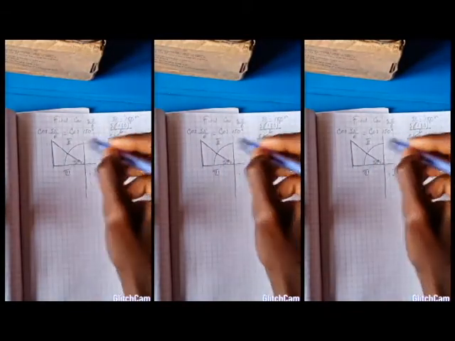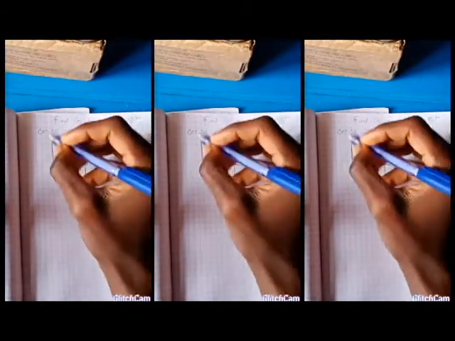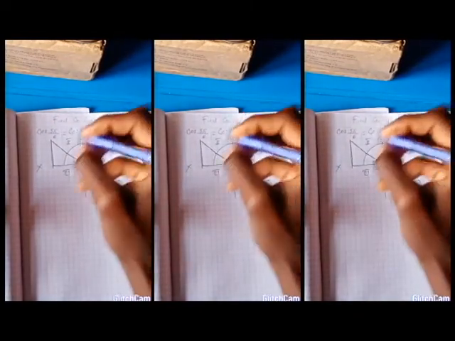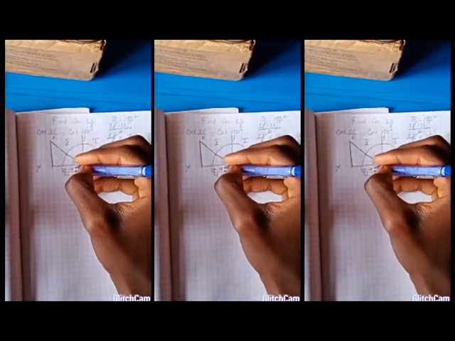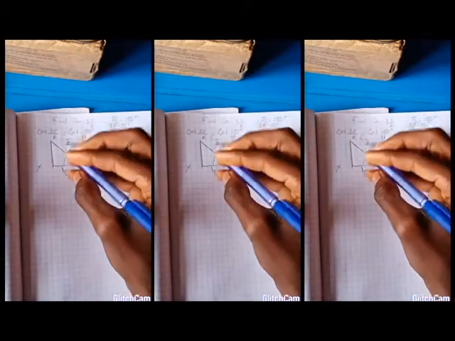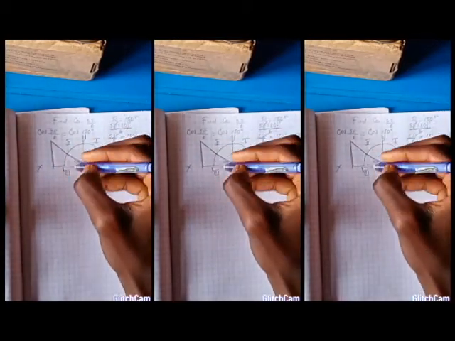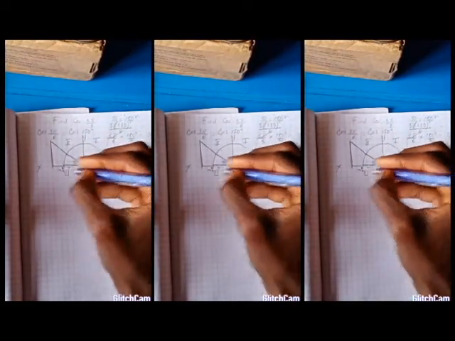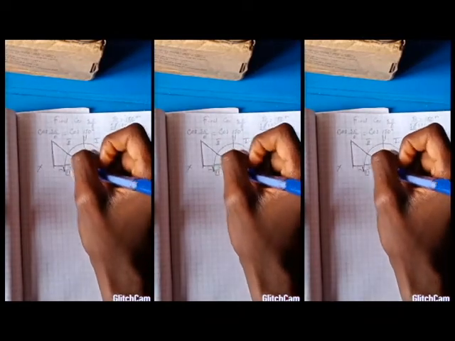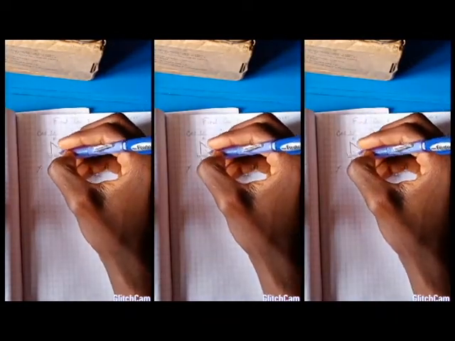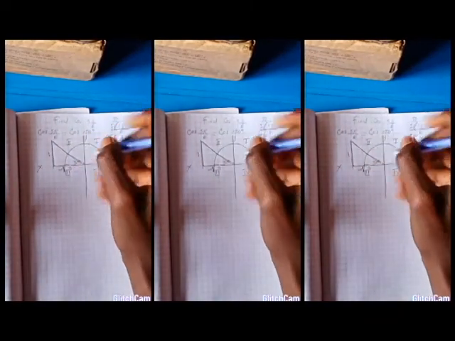Since this is quadrant 2, x is negative, so the square root of 3 is going to be negative square root of 3. Then y is positive, so it's still 1, and the hypotenuse is still the same.